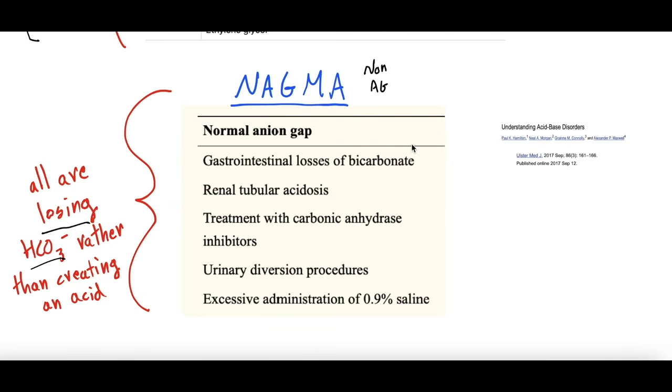Renal tubular acidosis, this is where you just don't absorb bicarb. Treatment with a carbonic anhydrase inhibitor, which excretes bicarb. Excessive administration of normal saline, this one actually just increases your chloride, because normal saline is NaCl.